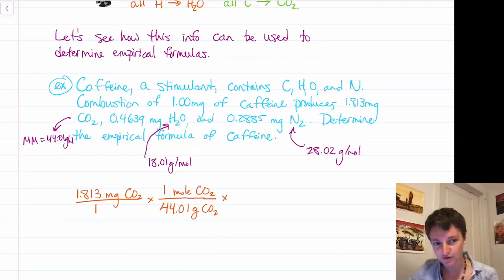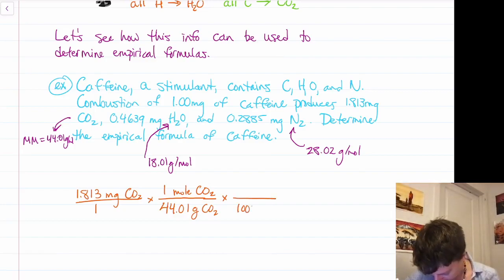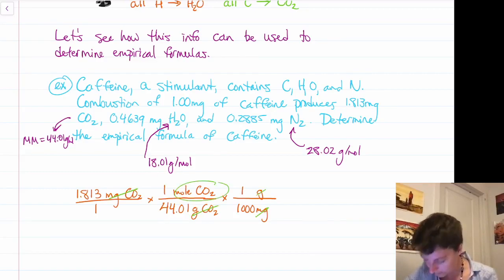Notice that I started off with milligrams, so I'd better do a conversion from milligrams to grams as well, so that I'm on track with my units. And pausing right here, we see that I'm now in moles of CO2 at the moment.